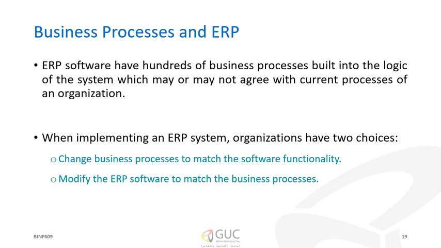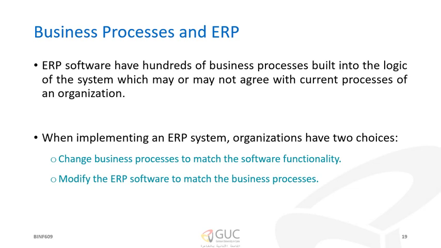Either change business processes to match the software's functionality, or modify the ERP software to match the organization's business process. The consequences of selecting either option have a long-term impact on the organization in terms of its bottom line and the performance of its employees, customers, and other stakeholders. So what are these consequences?